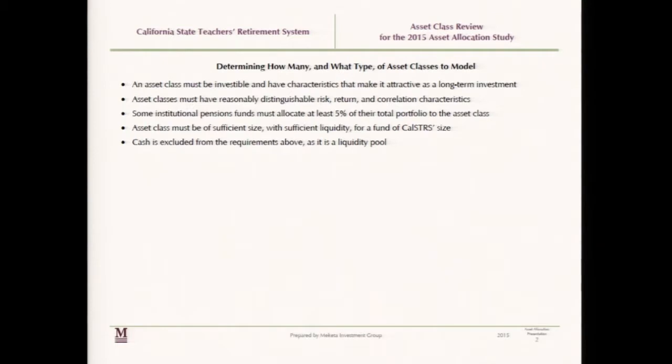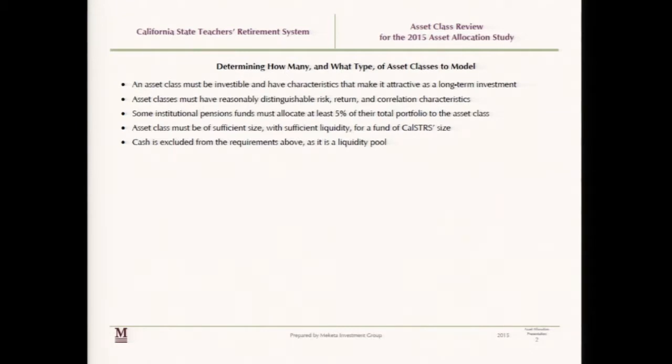So the most important part of the analysis is determining how many and what types of asset classes to model. And in answering this question, we go through a number of fundamental characteristics that we look at. First of all, an asset class must be investable and have characteristics that make it attractive for long-term investment.